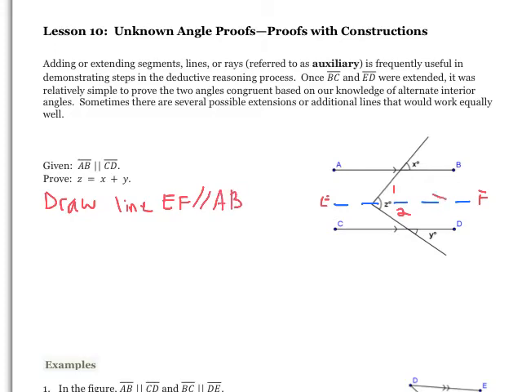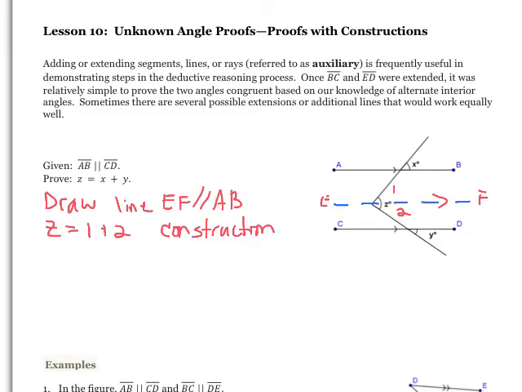That also makes it parallel to CD. So we draw that line, and then just by construction, Z is equal to angle 1 plus angle 2, and we can just call that construction. There's also another postulate that we could use later called the partition postulate, but we'll just say construction today. So Z is angle 1 plus angle 2.